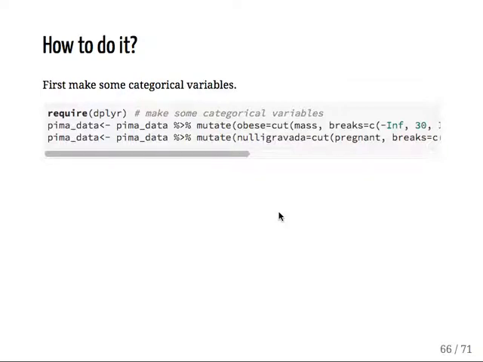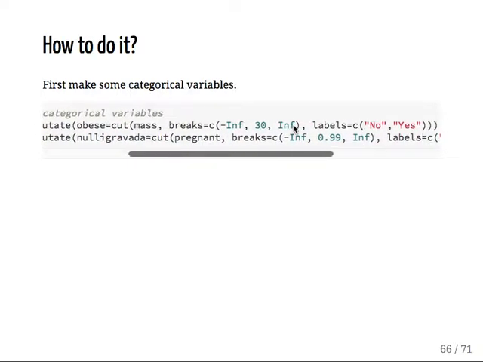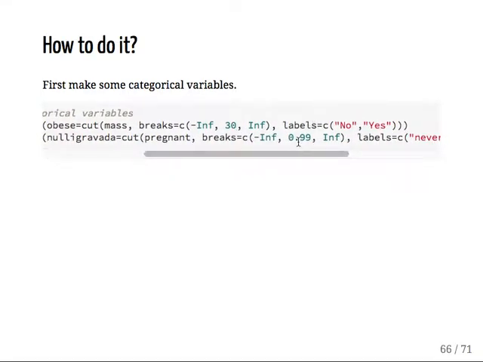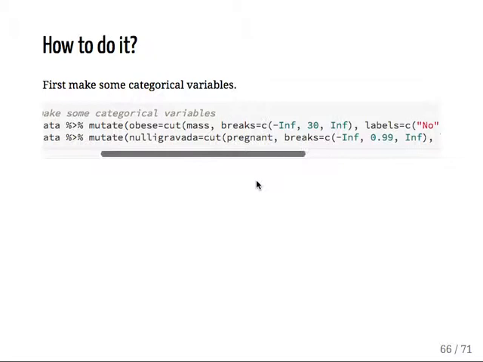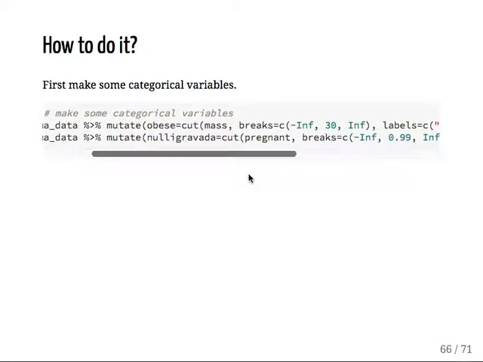Because this data set doesn't have any categorical variables, I'm going to do something really bad and make some as I go along. I put in a clinical cut point for obese, which is at 30, and say obese, no, yes. Then I make one for nulligravida, a very scientific way to say whether somebody was ever pregnant or not.